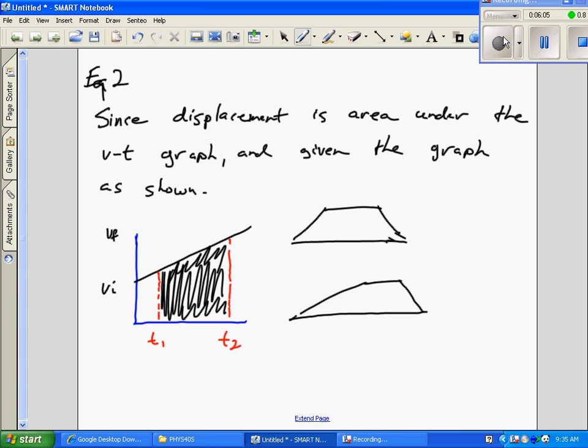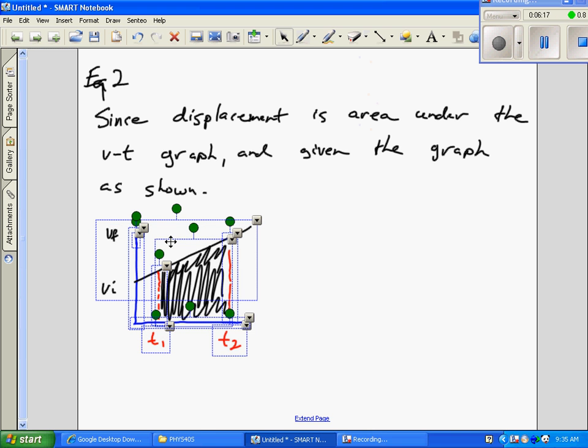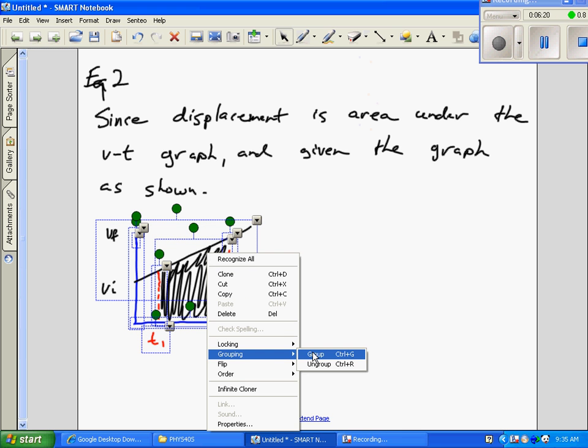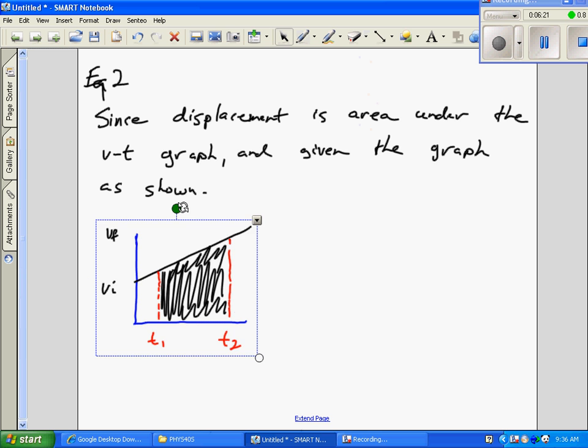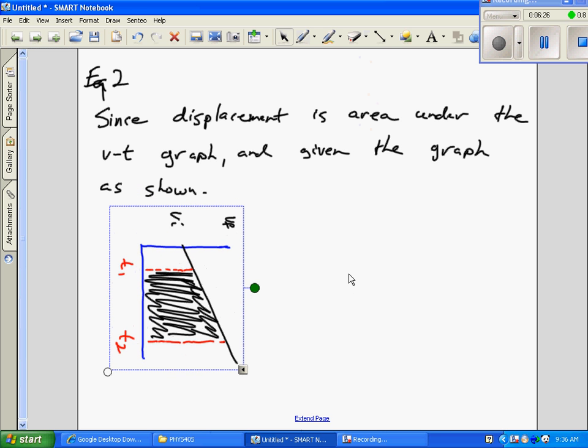Okay? Now, if you look carefully at my little figure here, is that a trapezoid?